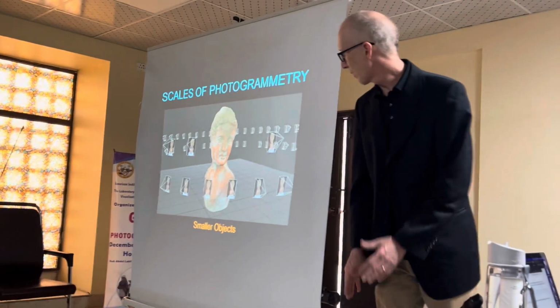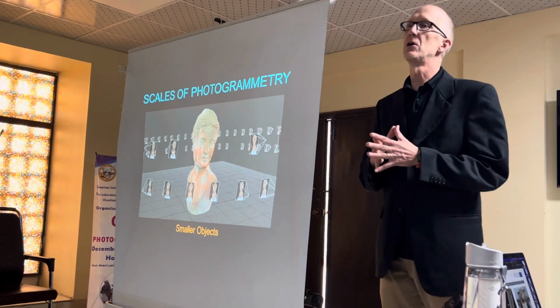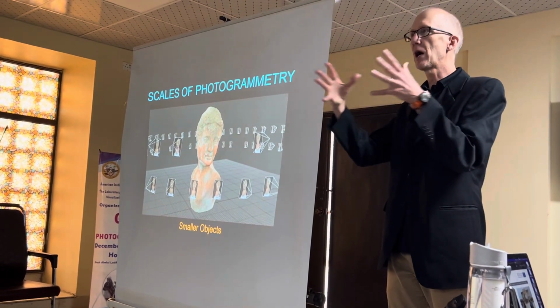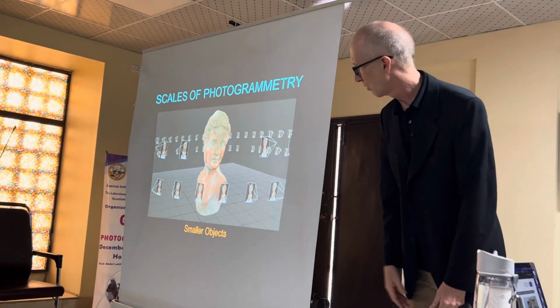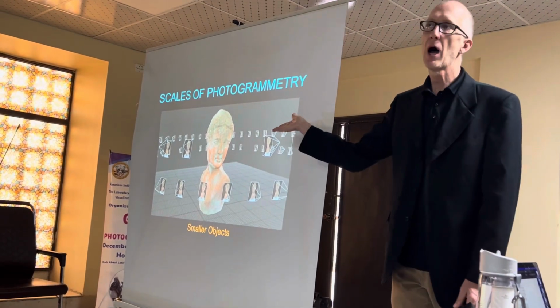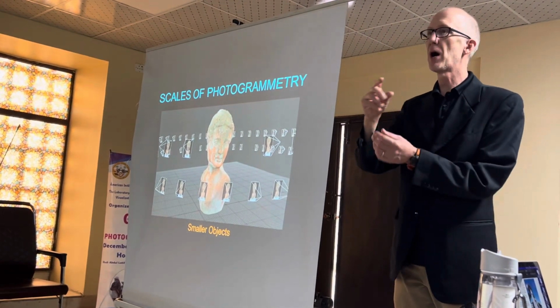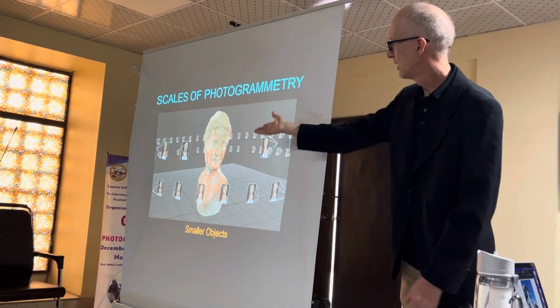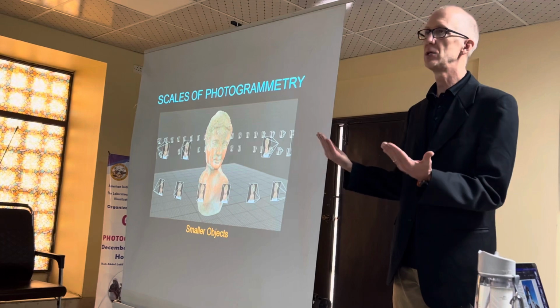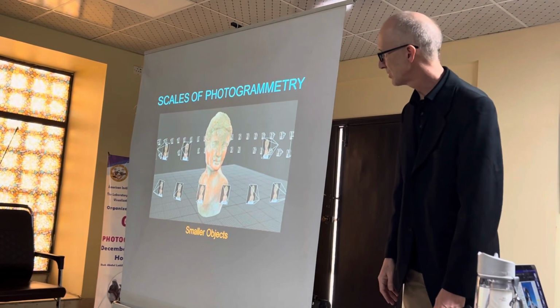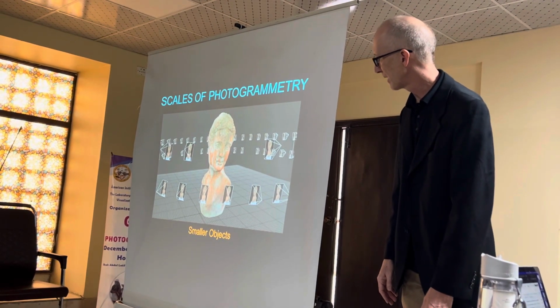All right, so I wanted to talk a little about the scales of photogrammetry, like what kinds of objects you can use photogrammetry with. So small objects, artifacts, pieces of pottery, stone tools, sculpture, that kind of thing, you can all use to take images, and you can get a sense of a three-dimensional object.